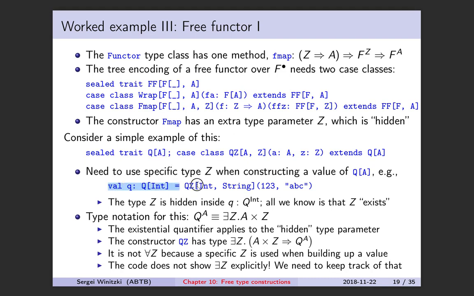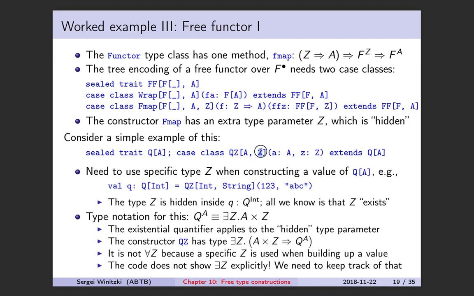Well, here's how. There's only this case class, so I have to use this case class. And I have to specify some other type for z. So let's specify string. And then I would have a value which has visible type q int, but actually inside it's hiding a string type.